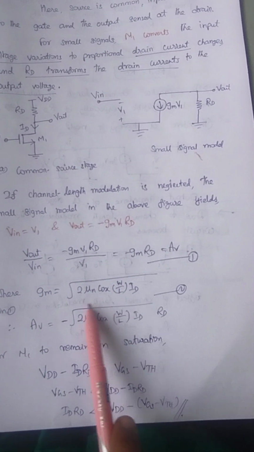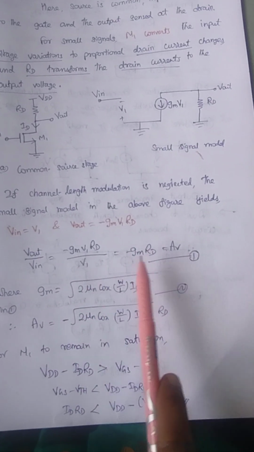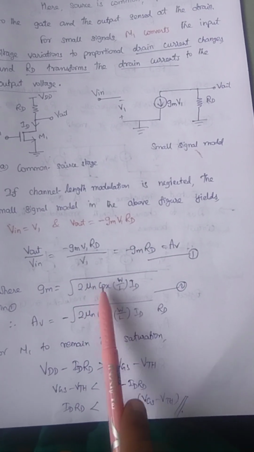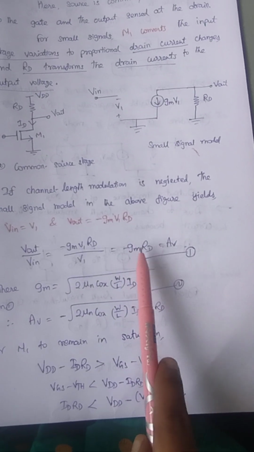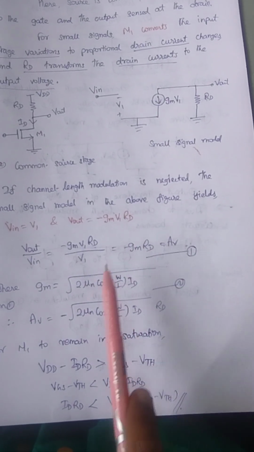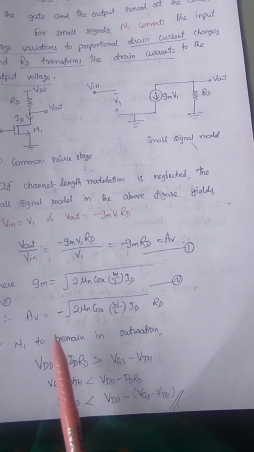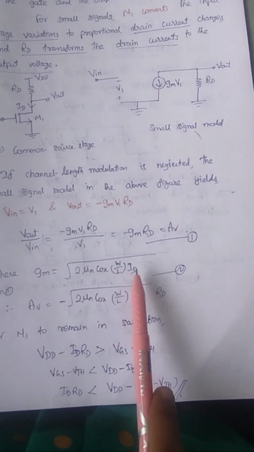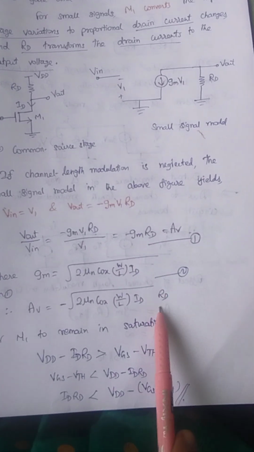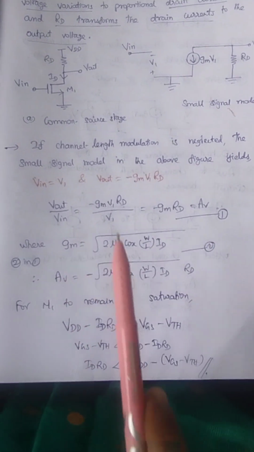I am representing this as equation number 2. Substituting 2 in 1, we get AV equal to minus root of 2 mu n Cox W by L ID into RD. This is my voltage gain.